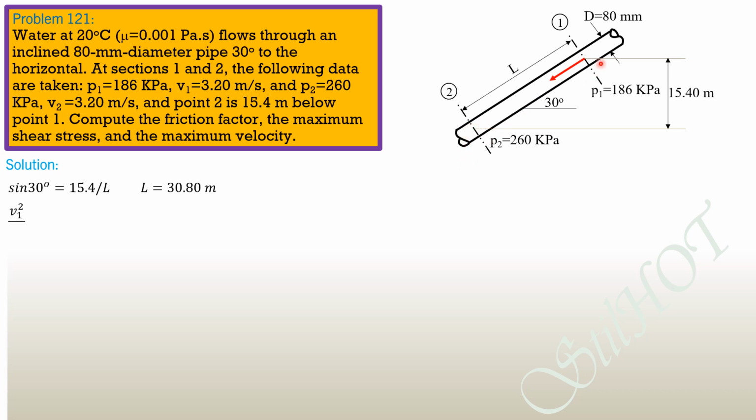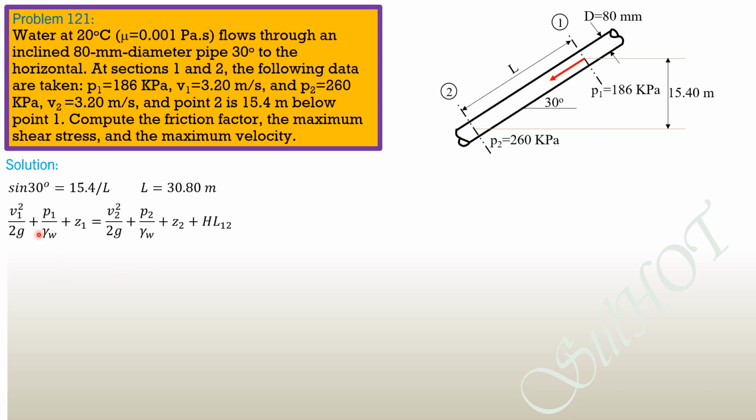So velocity head at 1, pressure head at 1, elevation head at 1 equals velocity head at point 2, pressure head at point 2, elevation head at point 2, plus head loss from 1 to 2.